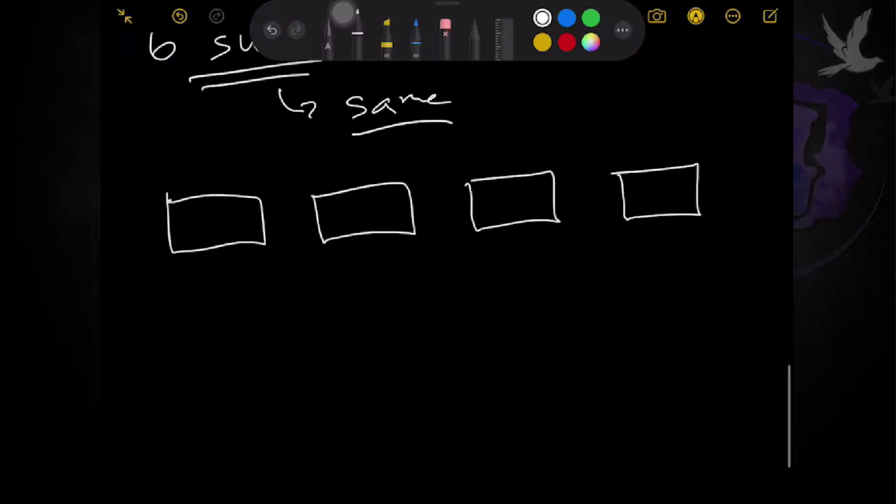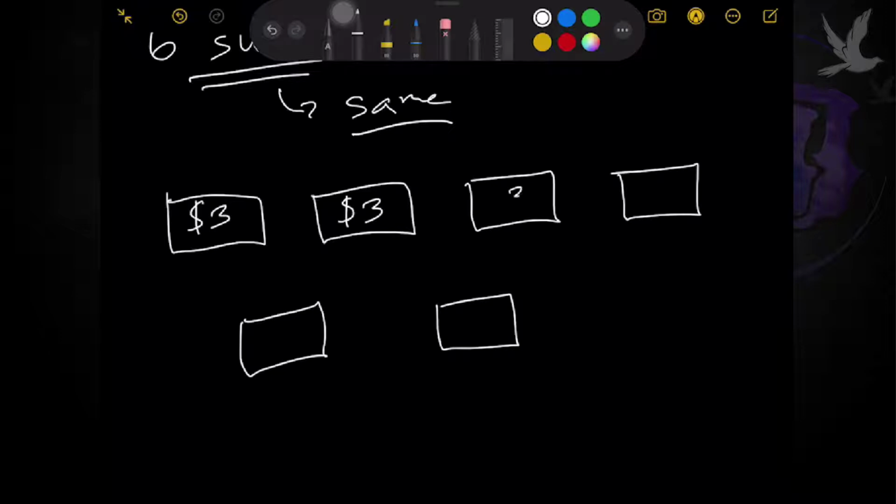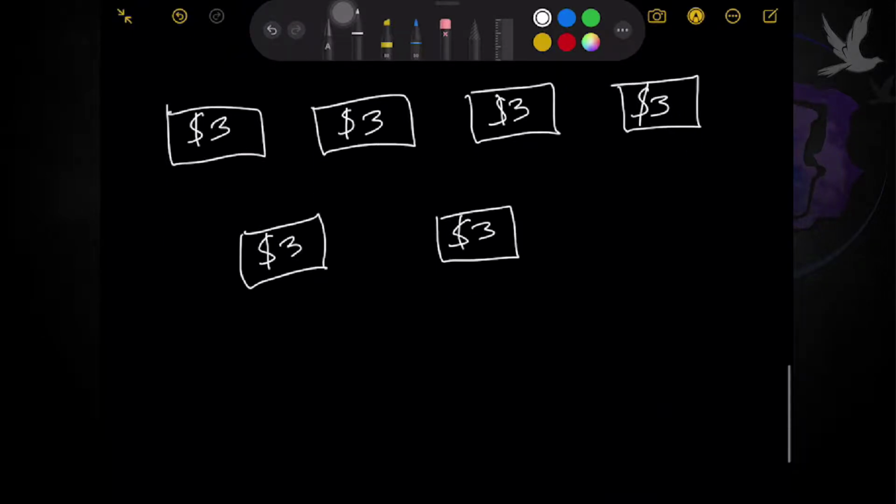So we have to draw not literal the books, but certain units that represent the number of books. So we have $3 here, $3 here, representing the price for each book, and there are 6 books. So the question is, how much did she pay for the book? So anong gagawin natin dito? How much is she going to pay for all of these 6 books if each book costs $3?